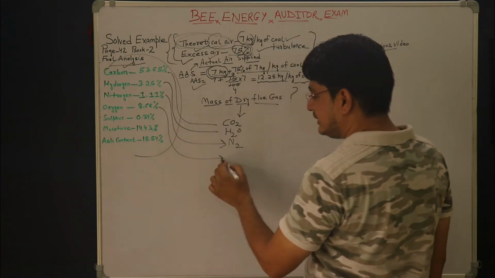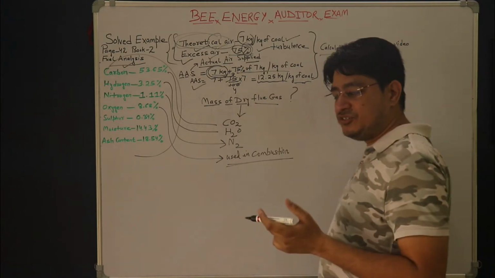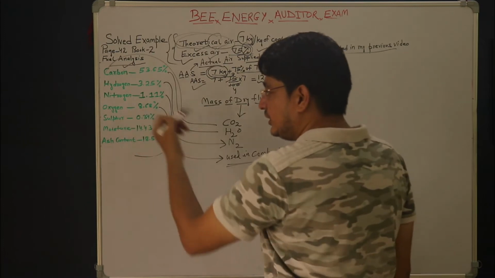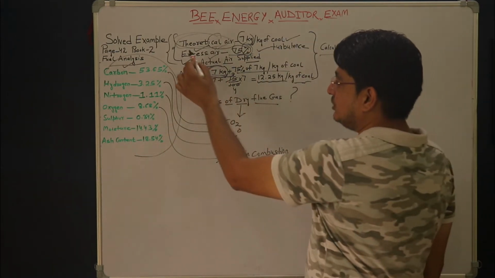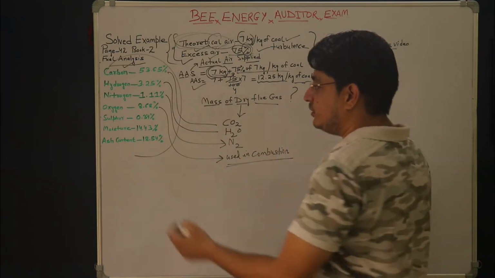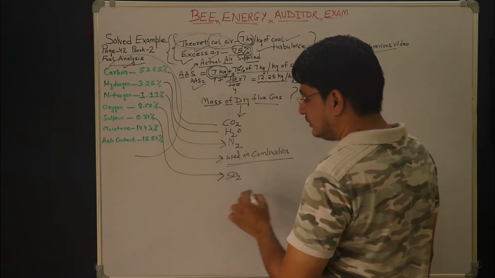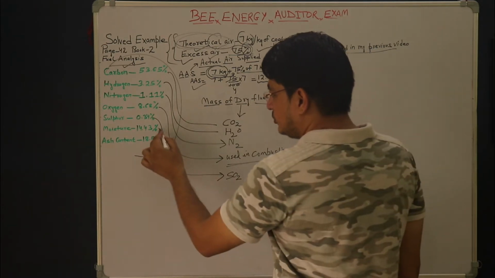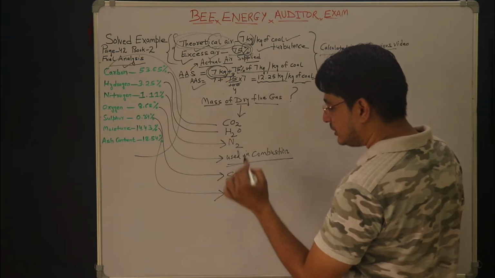Oxygen, as you can see here, will be used in combustion. You have already seen that the oxygen which is present in the fuel has already been incorporated while calculation of theoretical air. Sulfur will result in the formation of sulfur dioxide, that is SO2, and moisture will be directly reflecting in form of H2O.